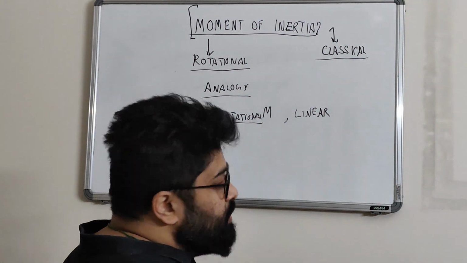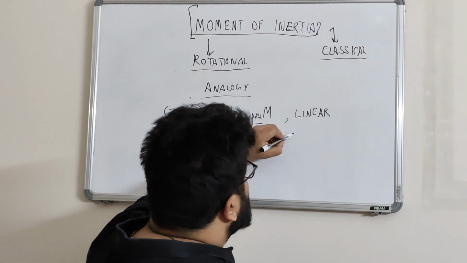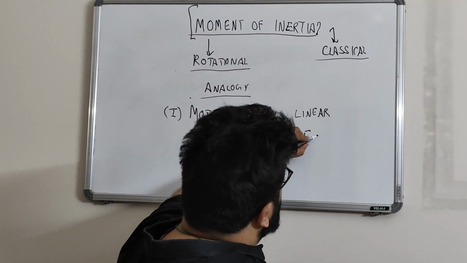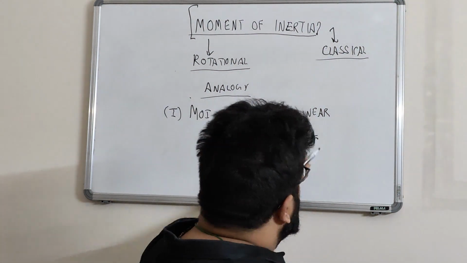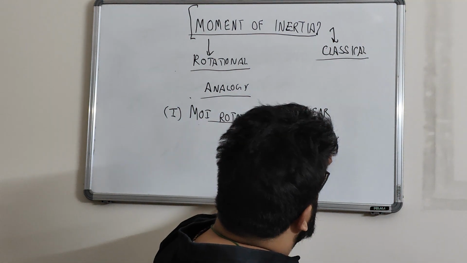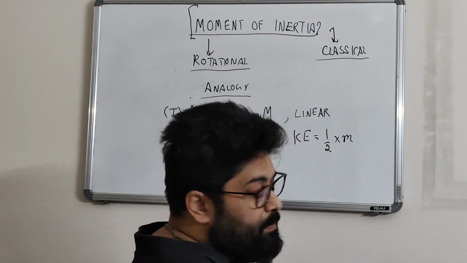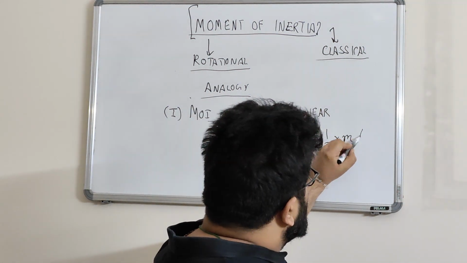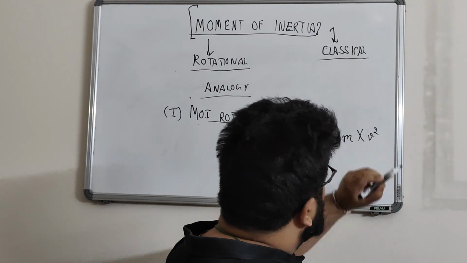Let us think about kinetic energy. What's the formula for kinetic energy in linear motion? It's half into mass m into the square of the velocity of the moving object.